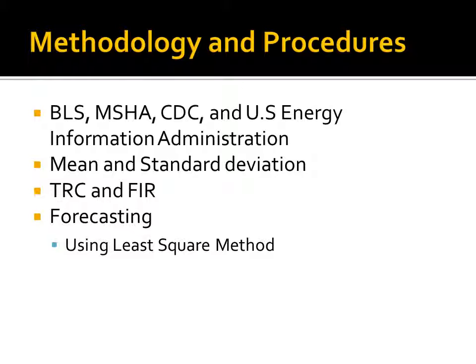Mine Safety and Health Administration was really critical for this, obviously, because it's dealing with coal mining. And based on the number of employee hours worked in the coal mining industry and the amount of fatalities observed per year, I could properly record a fatality incidence rate and a total recordable cases rate.